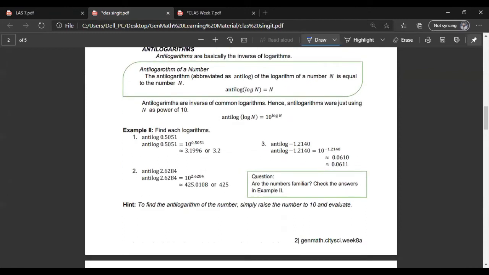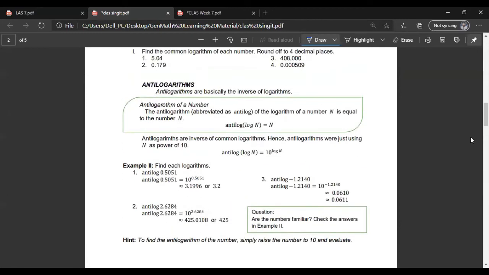Okay? So next po is anti-logarithm. Madali lang to class. Kasi all we have to do is ito. So anti-logarithms are basically the inverse of the common logarithms. So if we have the anti-logarithm of the logarithm of the number n, it is equal to the number n.